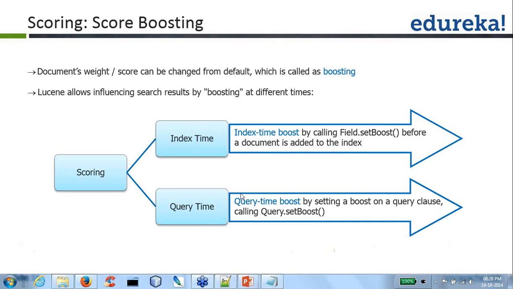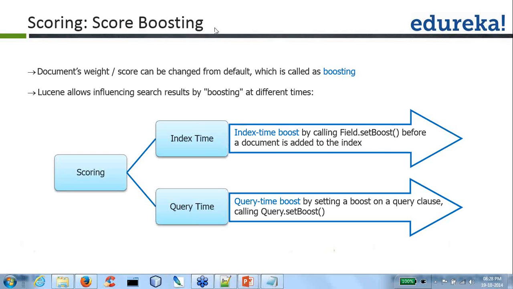So the boosting or the scoring can be done at two places. One is while you are indexing, you can create a permanent index for a document and store that document for that particular term when you are indexing it. So when you are boosting it, you have to boost the fields of the document so that you can retrieve those records with that preference when you are querying it back.